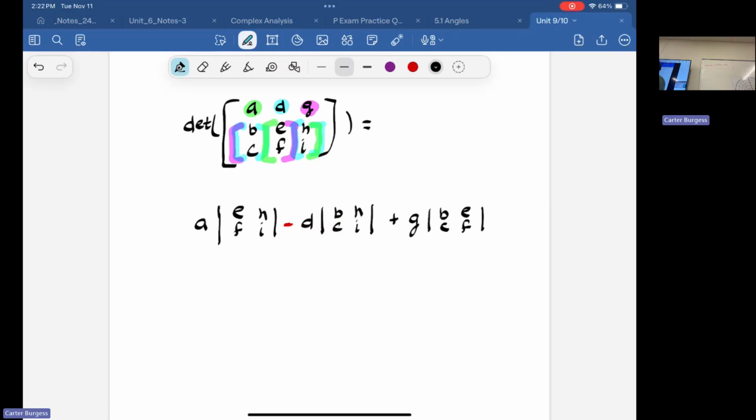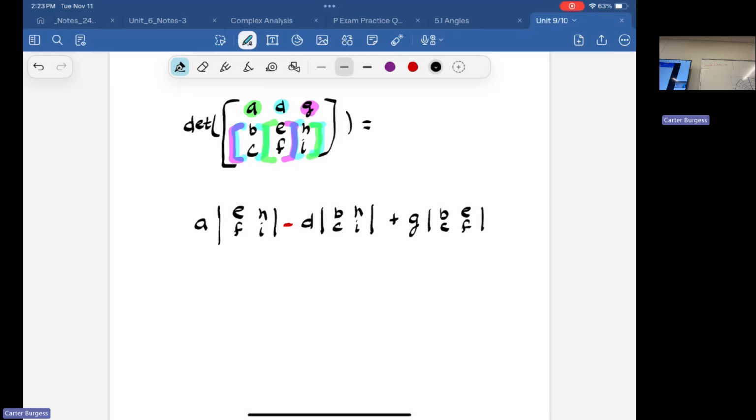A 5 by 5 would give you 5 4 by 4s, each of which would then give you 4 3 by 3s. Each of them would then give you 3 2 by 2s. You'll notice this has a factorial scaling in terms of the number of operations. It gets obnoxious fast.